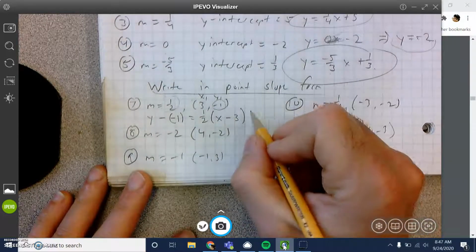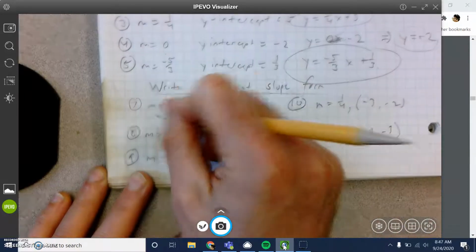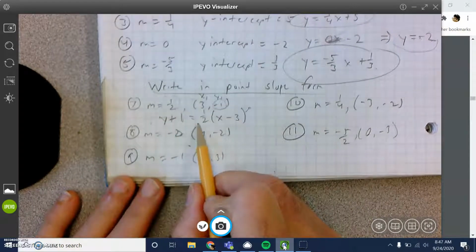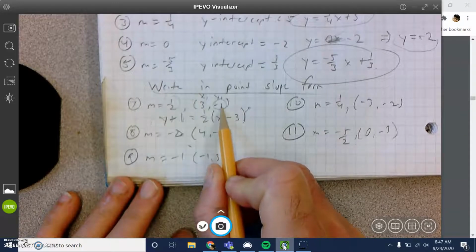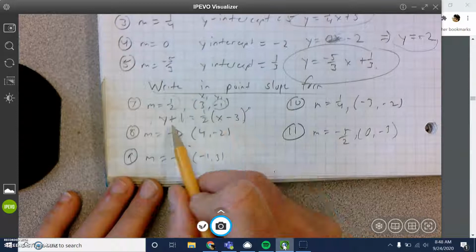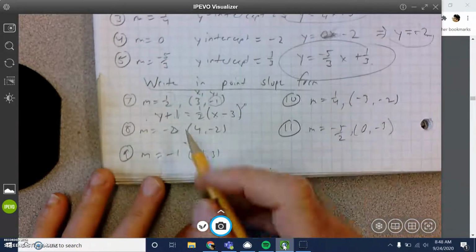So if you want to write it all the way out, it's y plus 1 equals 1/2 times the quantity x minus 3. You notice how the negative y becomes this, and the positive x becomes this, and there's a little pattern you can check out. You're going to see it once we do a bunch of them, okay?